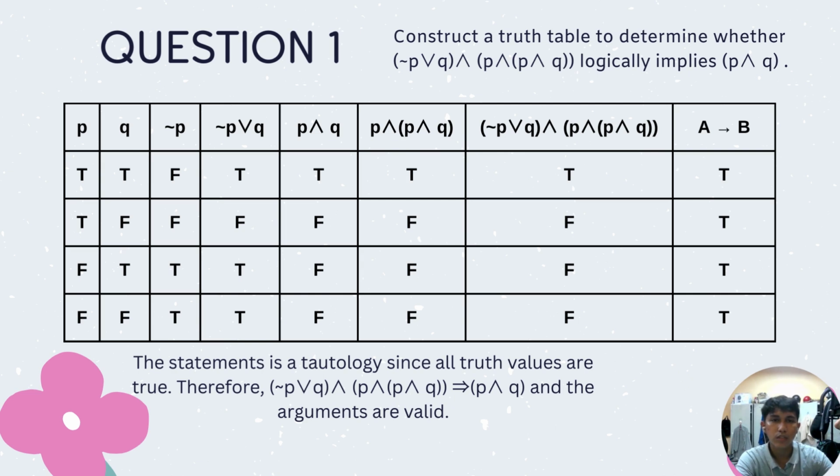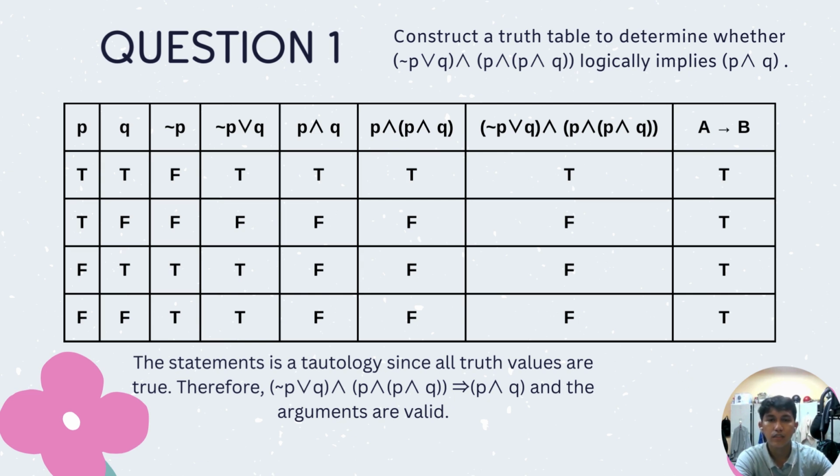For the last one, A implies B, where A is actually (negation P or Q) and (P and (P and Q)), and B is P and Q. All of the values that we get from A implies B are true.